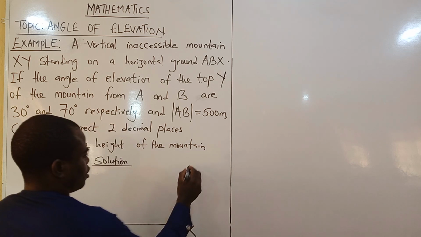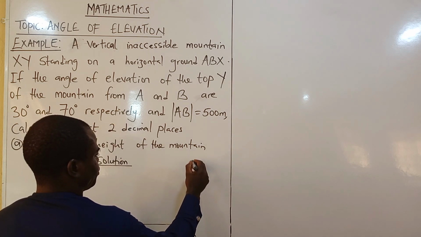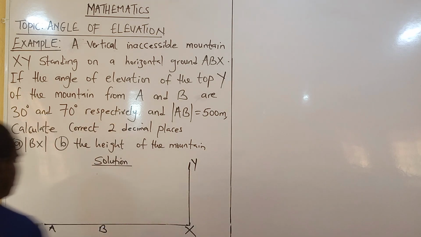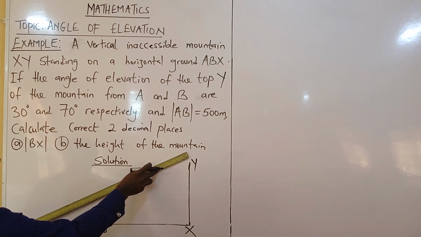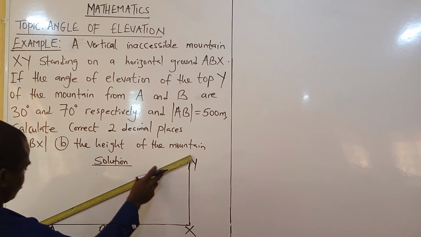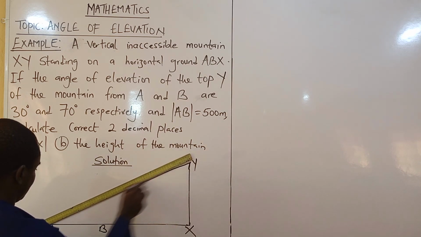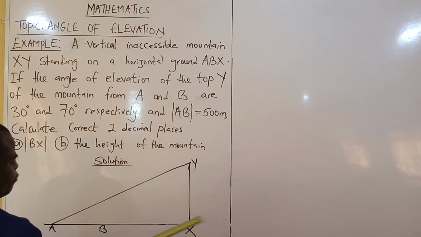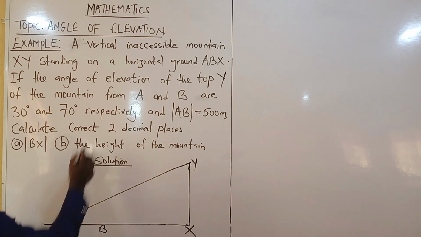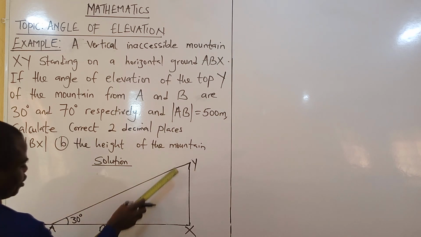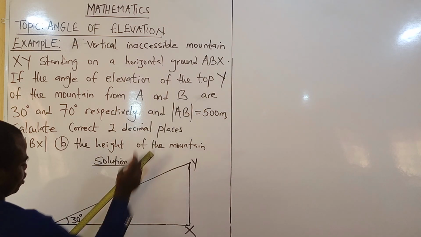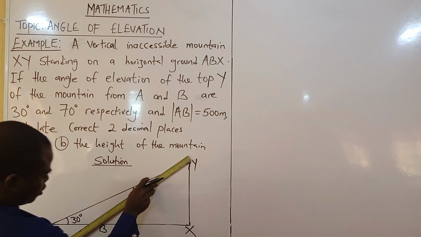Now X, Y is here, and we are told the angle of elevation from A, the first one, goes for the first alphabet, 30 degrees, while the second one, 70 degrees, goes for the second alphabet.